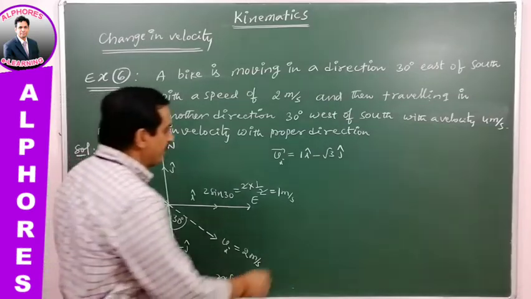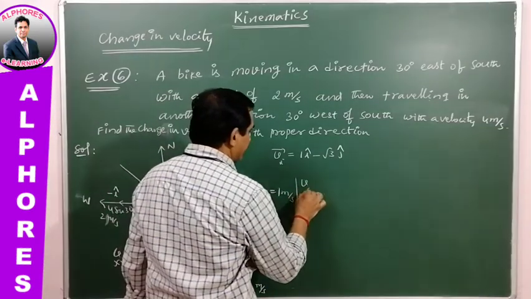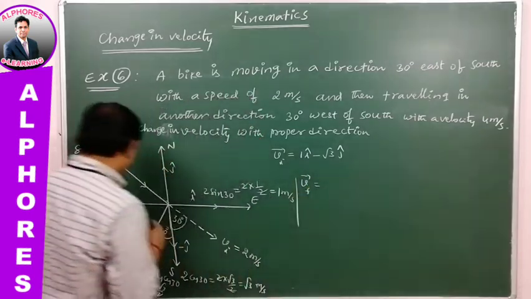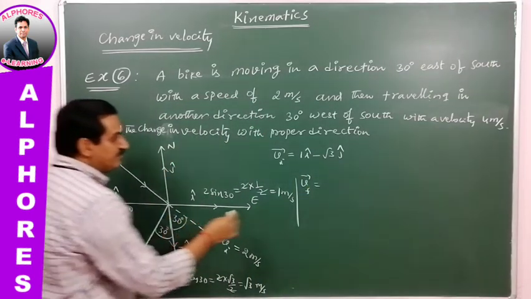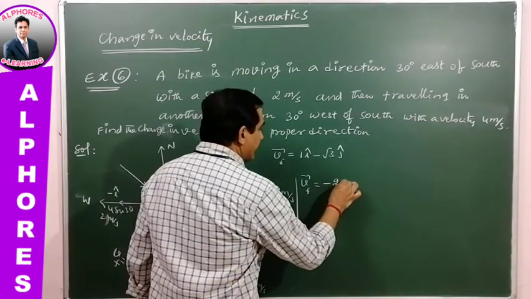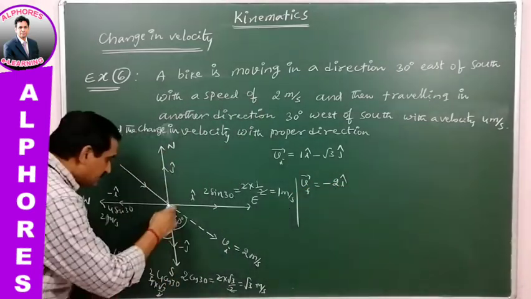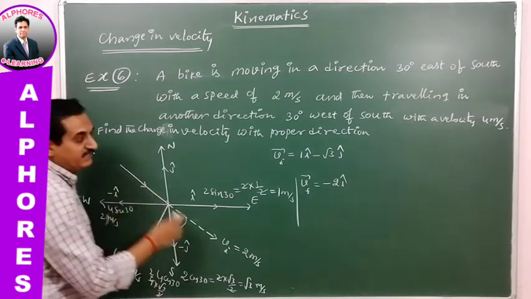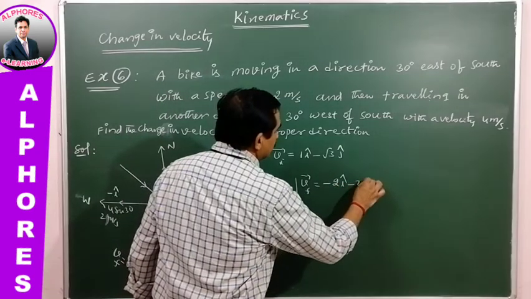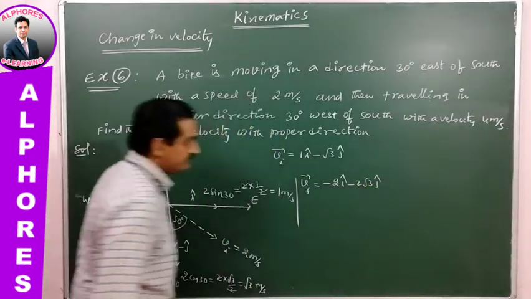Therefore final velocity equal to, this is 2 meter per second, minus 2 I cap, and towards south 2 root 3, minus 2 root 3 j cap.